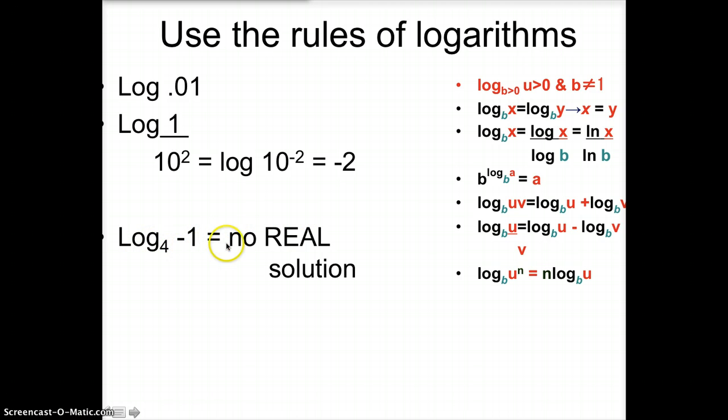When you put that on your calculator, you would realize that that violates this rule. u has to be greater than 0, so that would be no real solution, even though it has an imaginary solution. And the last example would be log base 11 of 121. Well, 121 is 11 squared, and log base 11 of 11 squared is 2.